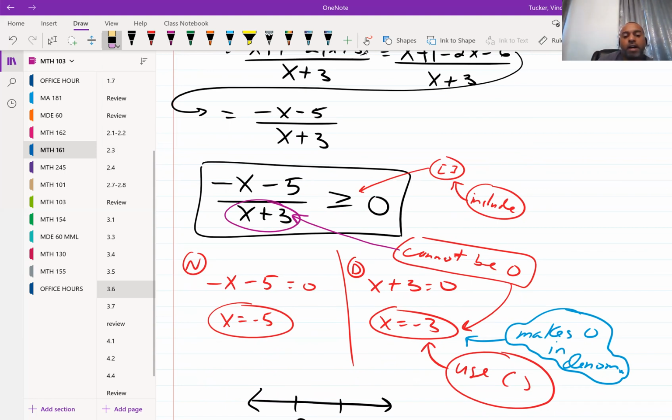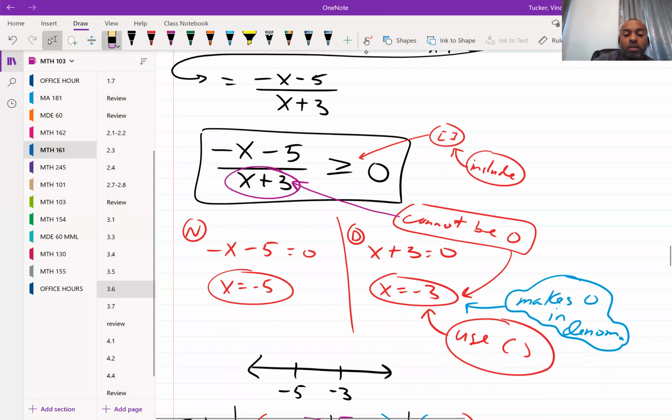That gives us negative 5 coming out of the numerator and negative 3 coming out of the denominator. All these notes are going to make sense in a second, I was going to erase it, but I was like, I'm going to put it back anyway. So I'll talk about all of these notes, all these circles and arrows, in a second. So the numerator gives us negative 5. Denominator gives us negative 3.